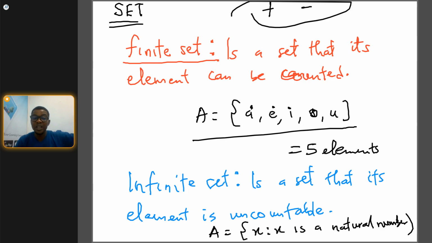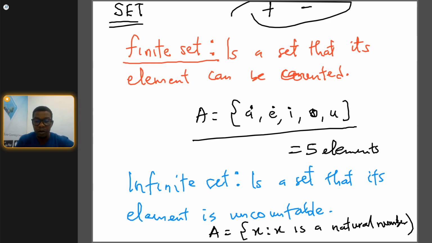We have minus 1 trillion, which is an integer because it's a negative integer. We have trillion. After trillion, we still have other values. So integers are also many, so they are also classified as an infinite set.